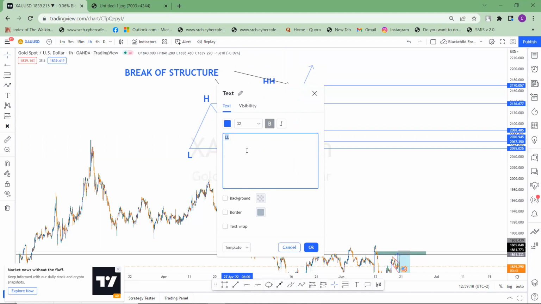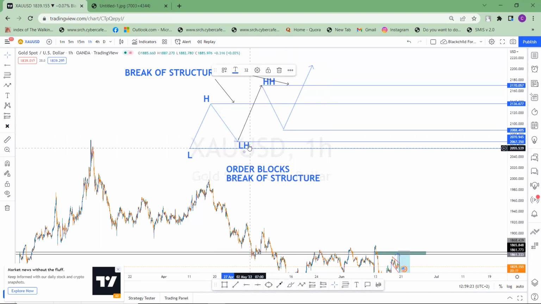So it's a lower high, or a higher low, whichever. And then this is my new lower low. As price is creating new higher highs and higher lows, it is also creating new lower lows and new higher highs. This is actually telling me that.